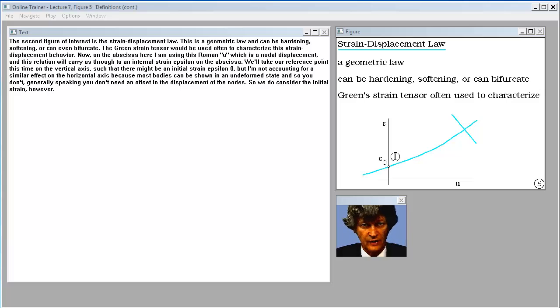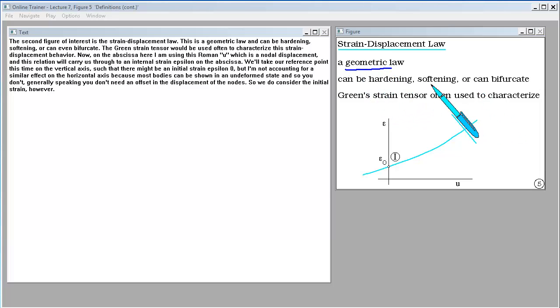The second figure of interest is the strain displacement law. This is a geometric law and can be hardening, softening, or can even bifurcate. The Green strain tensor would be used often to characterize this strain displacement behavior. Now, on the abscissa here, I'm using this Roman U, which is a nodal displacement, and this relation will carry us through to an internal strain epsilon on the ordinate.